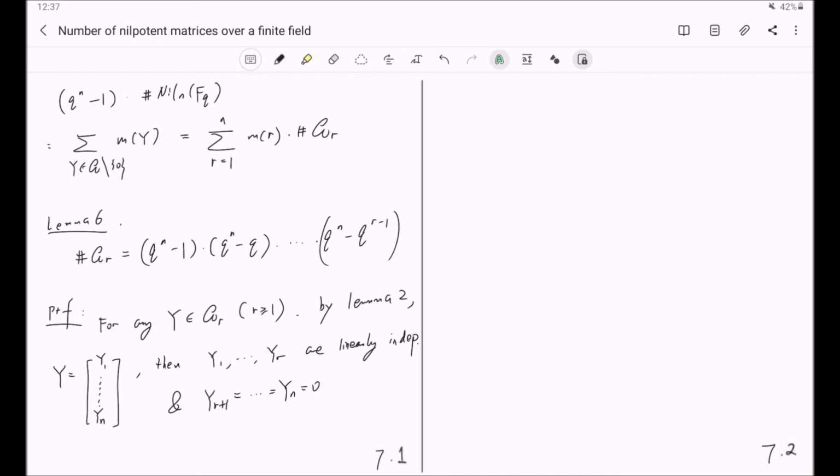And now we will look at the choices for y1 through yr individually. Let's first look at the choices for y1. How many choices do we have for y1?